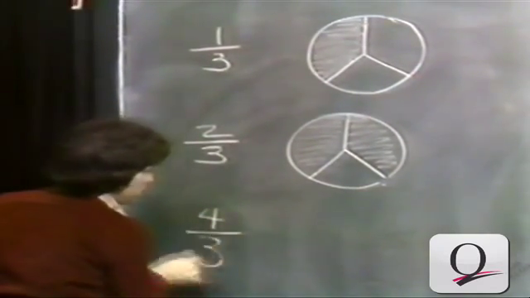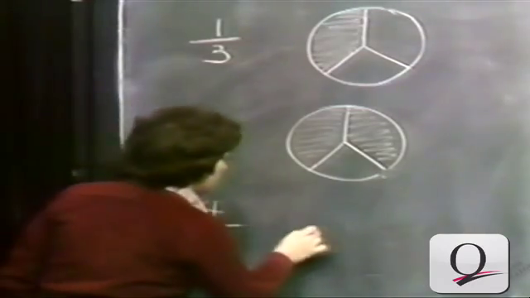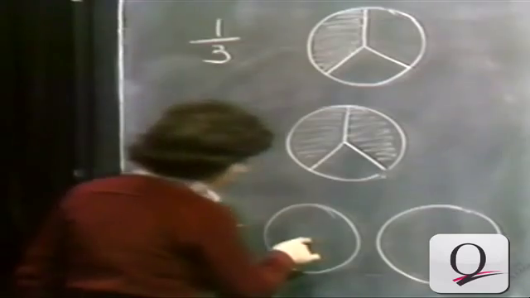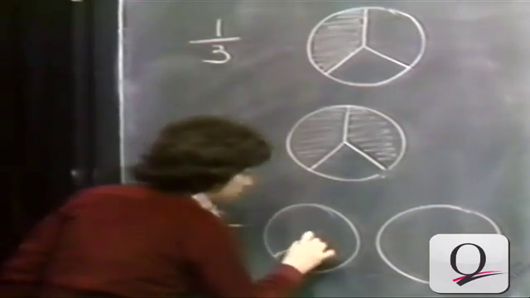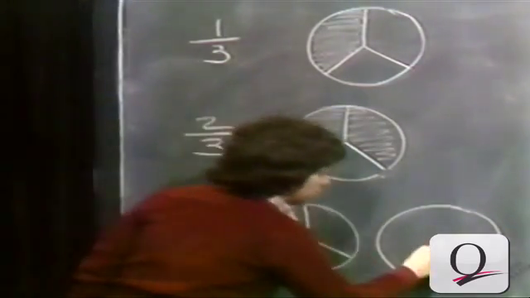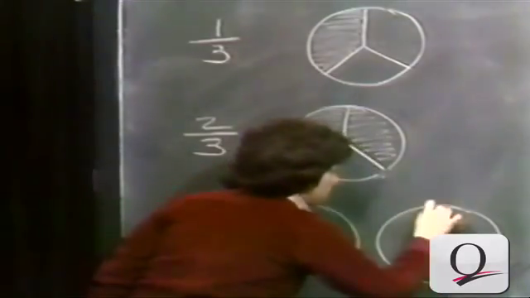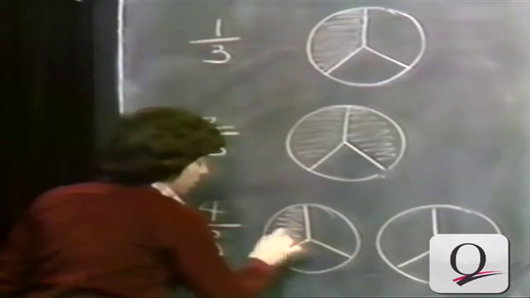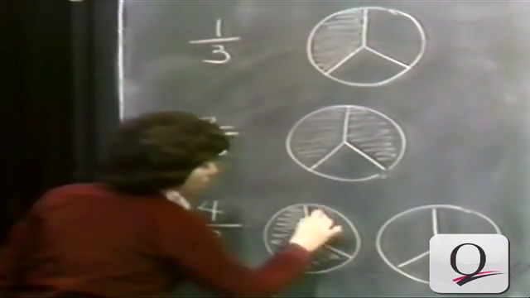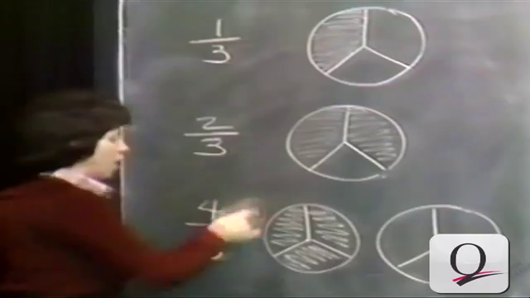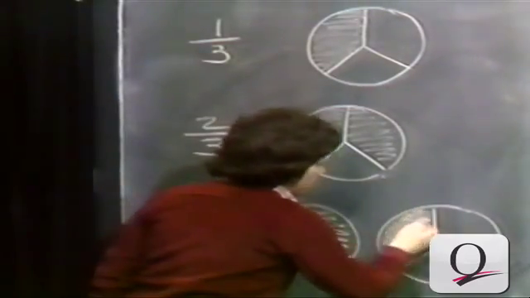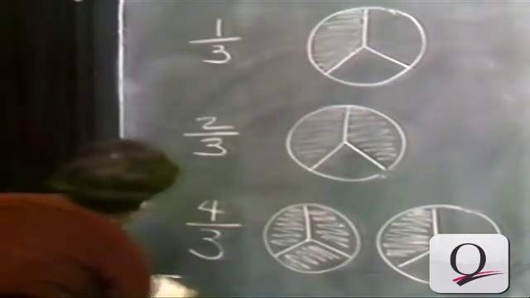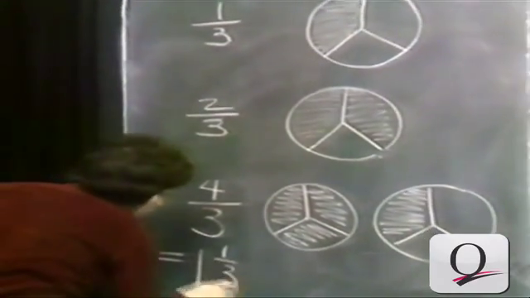Here I would need 2 pies, since 1 pie only has 3/3. For 4/3, I would need 1/3, 2/3, 3/3, that's the entire pie, and 4/3, we'd go into the second pie here. In other words, 4/3 is also 1 and 1/3 pies.